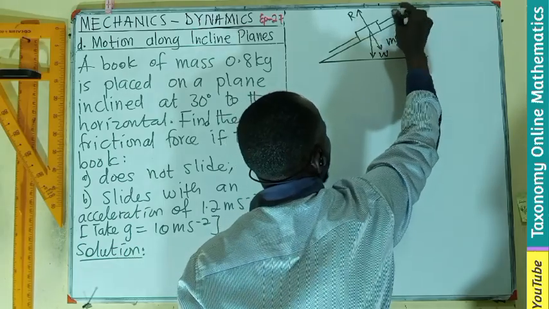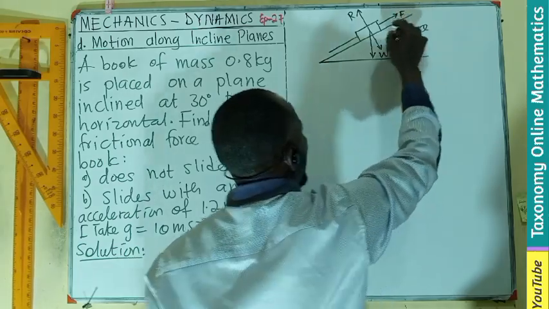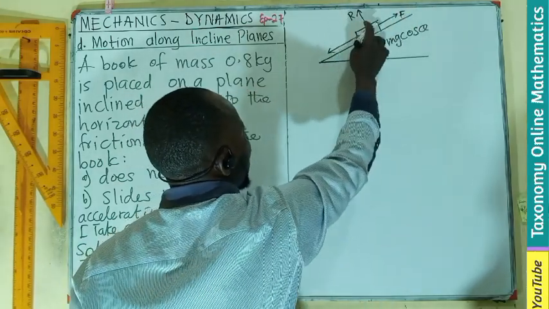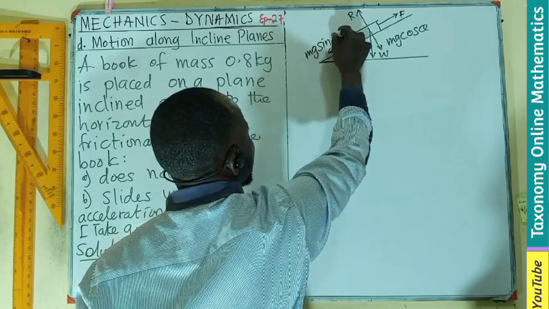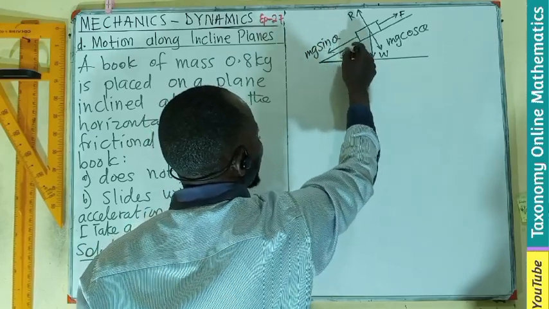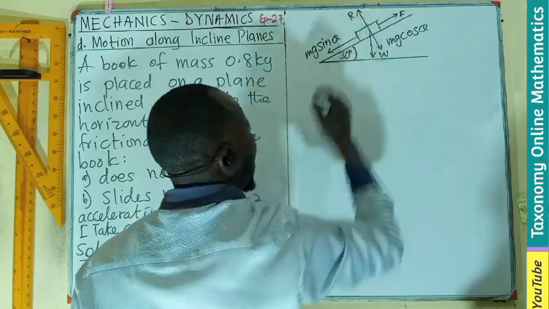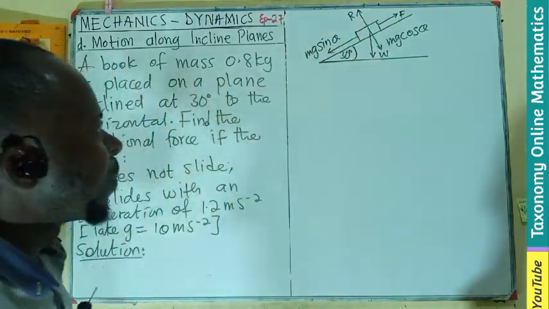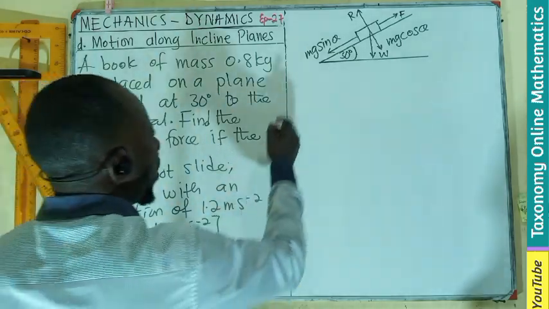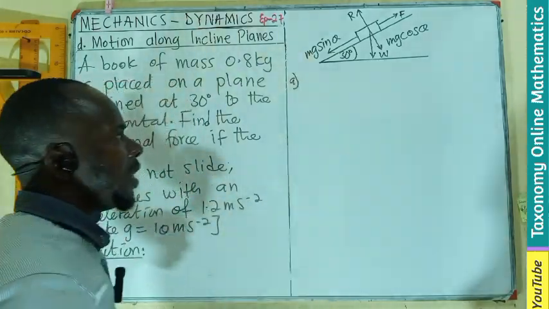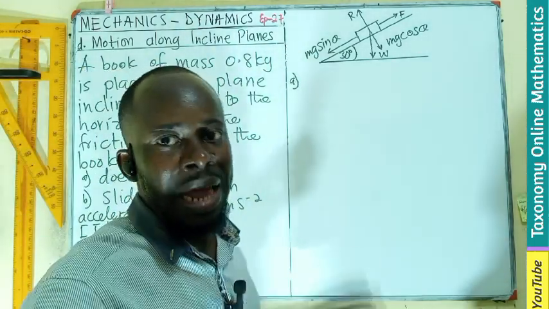This is the frictional force moving in the opposite direction to the force pulling the object down, mg sine theta. The angle with the horizontal is 30, which makes that also 30.